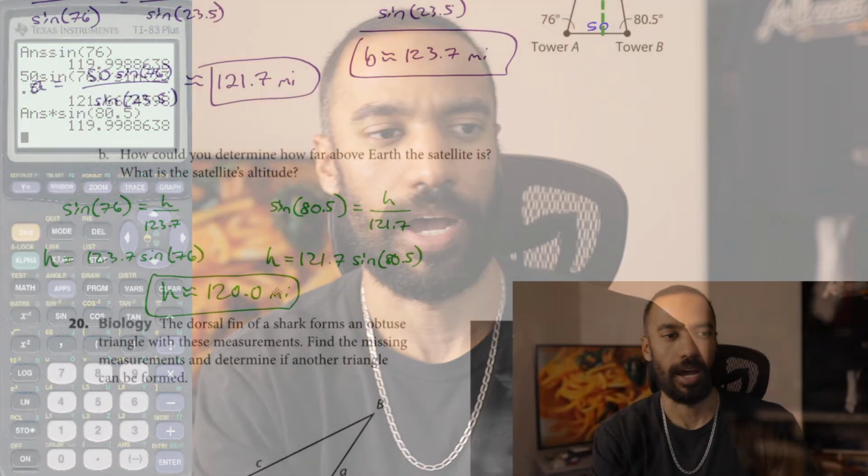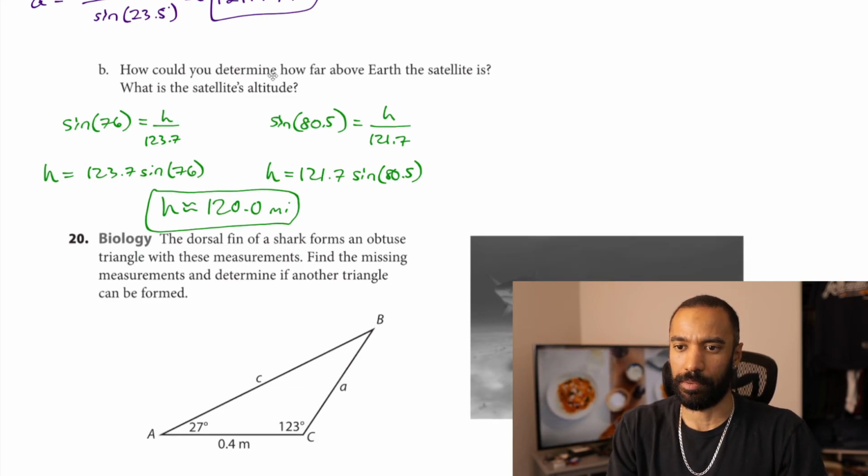I did 123 times sine of 76, okay, I did that one. Now let's do 121 times sine of 80.5. Okay, sorry about that. That previous answer times sine of 80.5 gives the exact same value. So you can see both of those are identical to each other. Regardless, you're getting 120 miles. Cool. So you should get the exact same one we do. How can you determine this? Use the sine stuff we did.